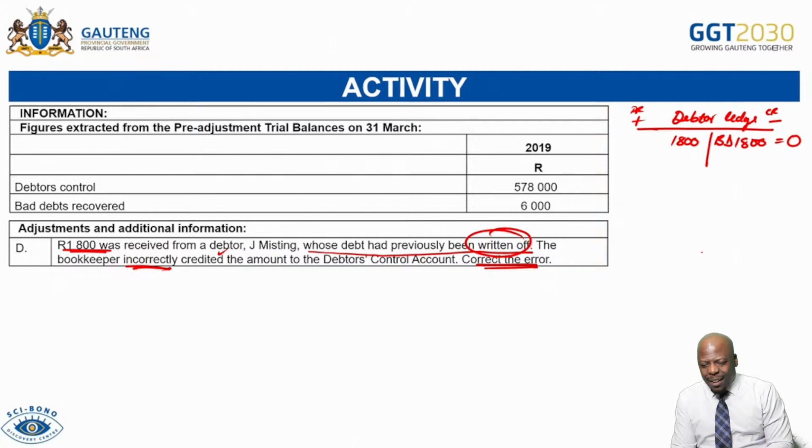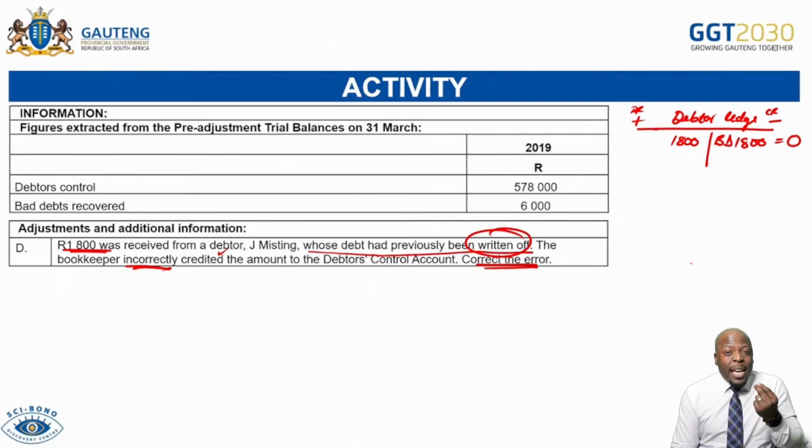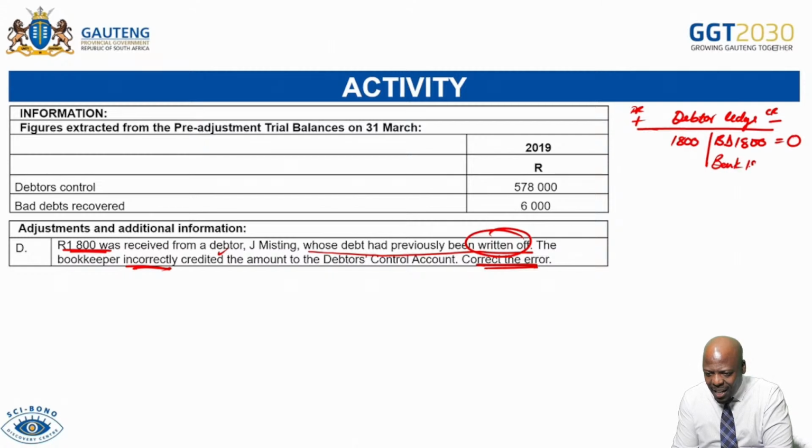Now, this guy then decides to come and pay his account back. So he deposited money into our account, 1,800. And when our bookkeeper received this money, the bookkeeper went and recorded it and said, bank 1,800. What do you see now? We now have two entries on the credit side, 1,800, 1,800.